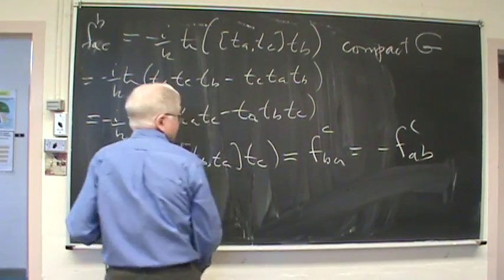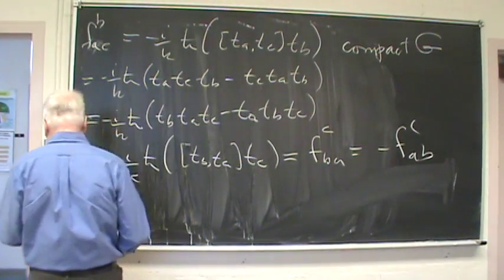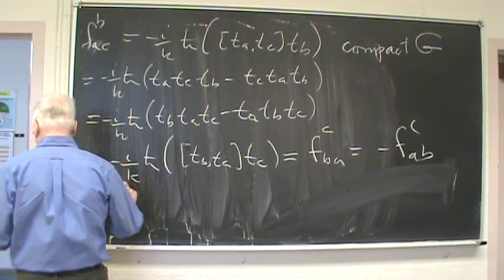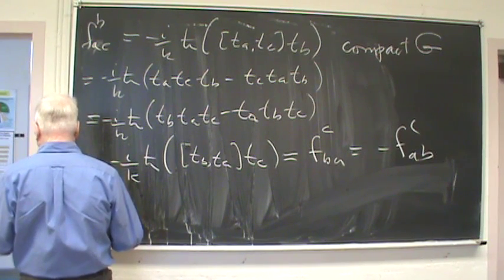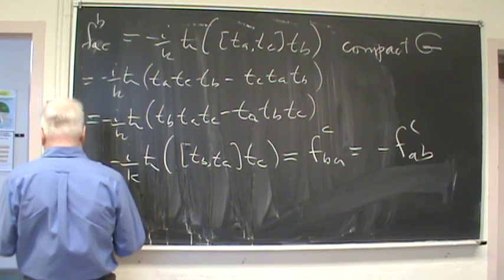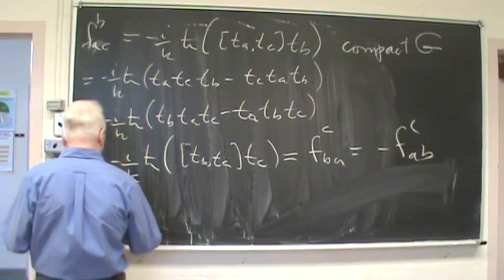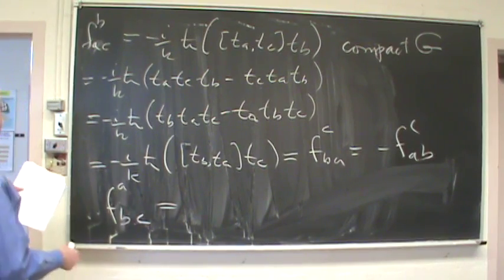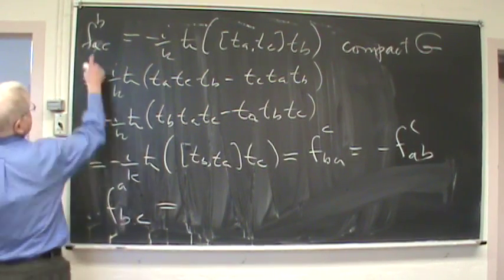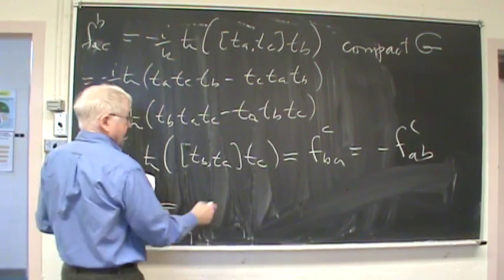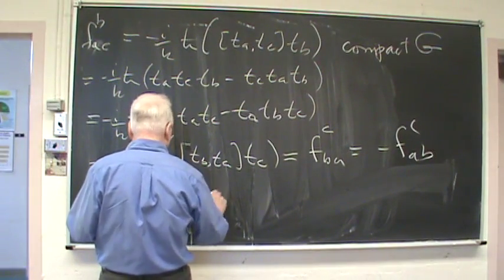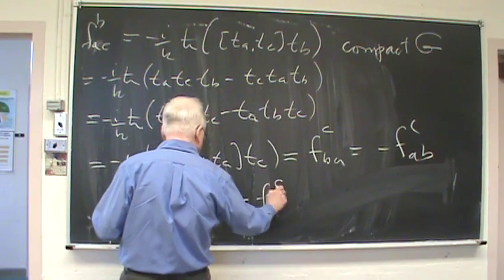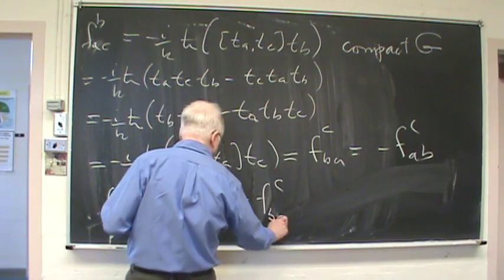If we interchange in this relation A with B, then what we get is F_ABC. Let me get this straight. So in other words, I'm having F_ABC because I've interchanged A and B, and now we use those two, and we get F_CAB equals minus F_CBA.